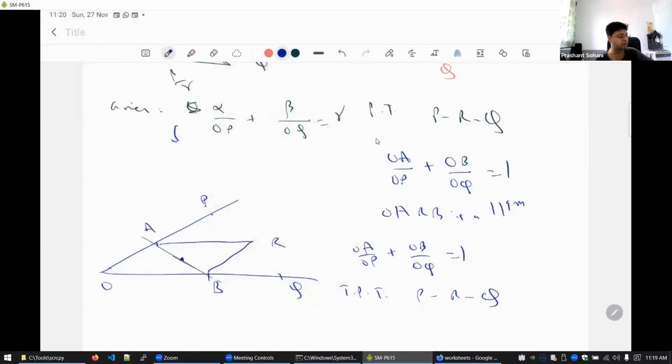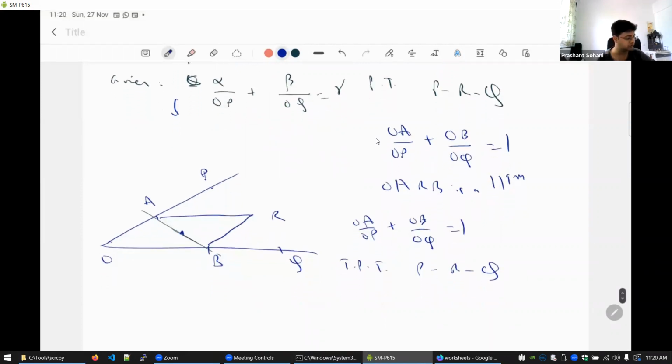Basically, let's apply a homothety to the whole diagram with ratio half and center as O. So that R will go to this point, R dash. And if P, R, Q are collinear, then the image will also remain collinear, right? So P will go to P dash and Q will go to Q dash, but P dash, R dash, Q dash will also be collinear.